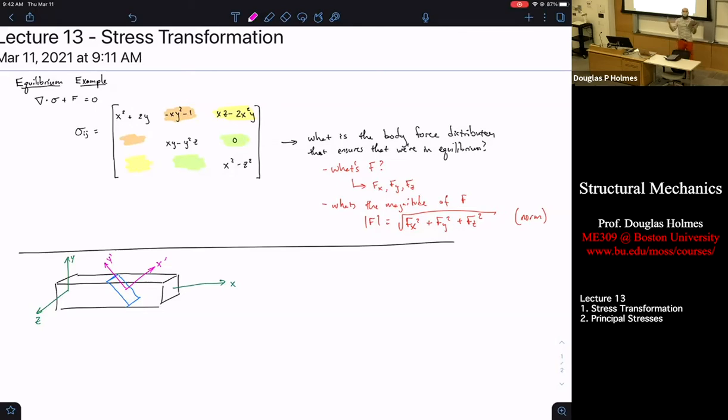Same if you're doing woodworking and you're taking two pieces of wood and cutting them at an angle and bonding them together. Maybe you're going to bond that with glue. That glue is going to be meant to resist the shear stress, resist sliding. That's what your glue is doing in that regard.